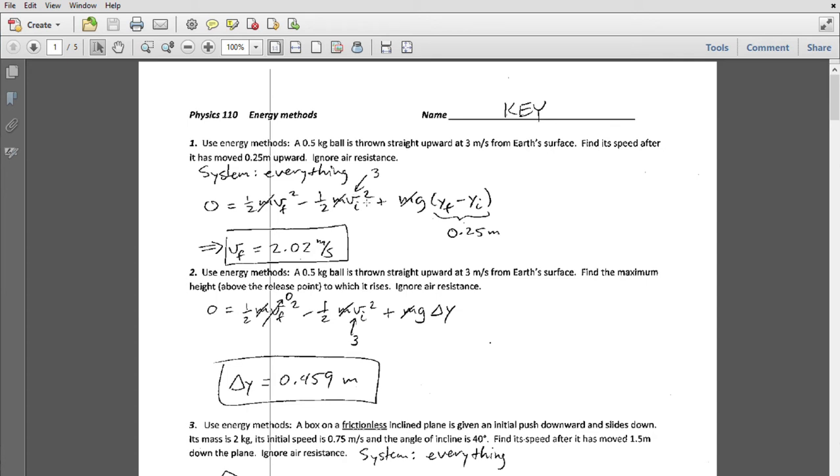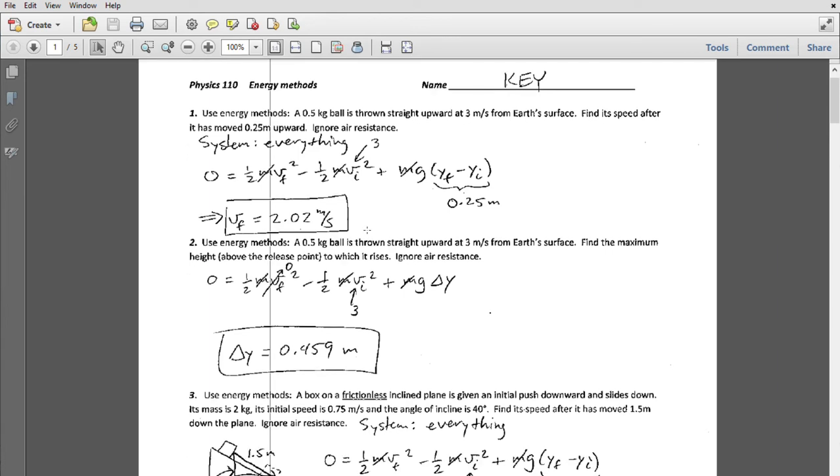The initial speed is 3, v final is what we're after, plus the change in potential energy, and we use the gravitational potential energy near the surface of the Earth, mg times y final minus y initial. It's going up, so y final minus y initial is positive 0.25 meters. The m's all cancel out, so we didn't really need the 1/2 kilogram that was given there. And we can solve for v final.